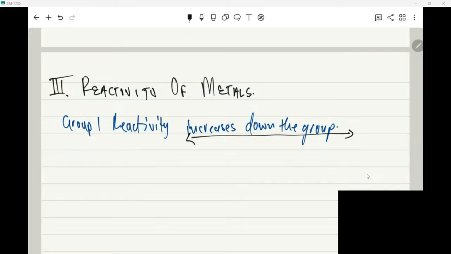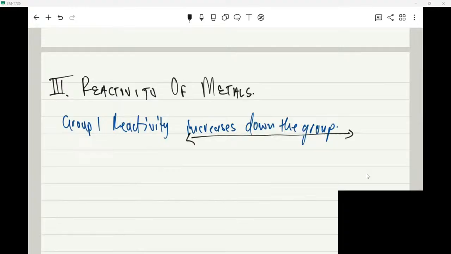What is reactivity? Reactivity tells you how violent their reactions are. Is it the same as the metallic character of a metal? No. Is it similar? Yes.